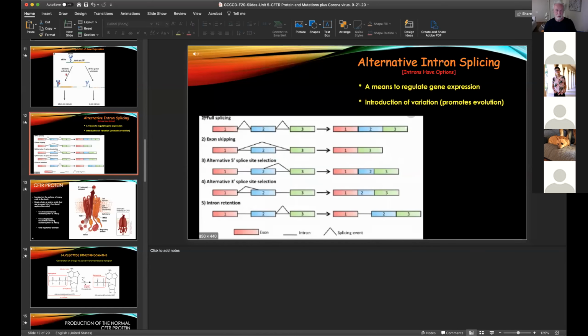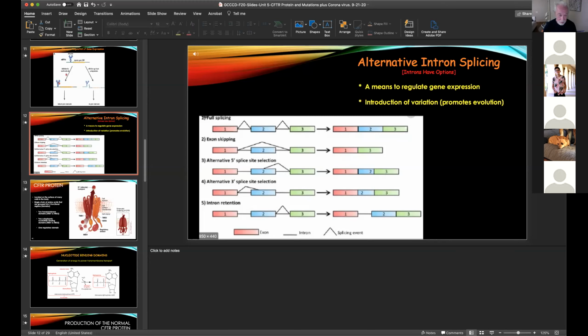Another level of regulation is alternative splicing. So here at the top, you see exons, 3 exons, and 2 introns. If both introns are spliced, all 3 exons are joined, so you get 1, 2, and 3. Or number 2, an exon can be skipped, in which case you end up with a different sequence completely, just exons 1 and 3.